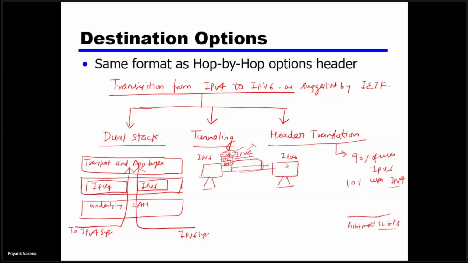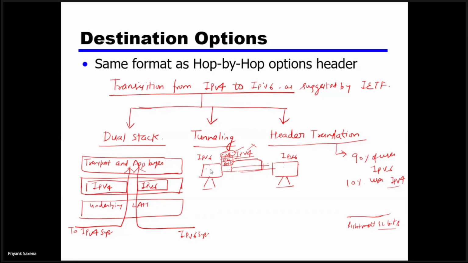Are you following what I'm saying, that the two IPv6 users are separated by a network that is owned by IPv4 users?